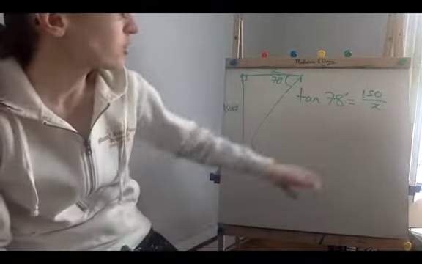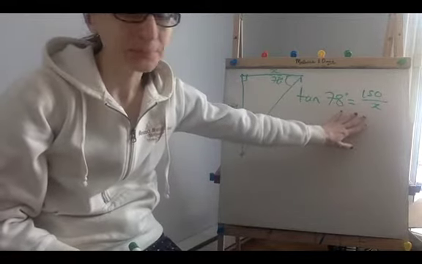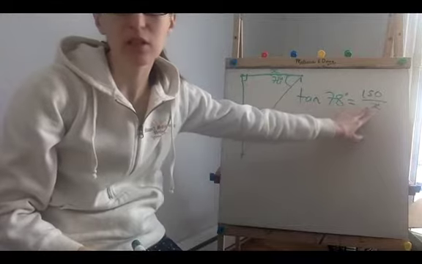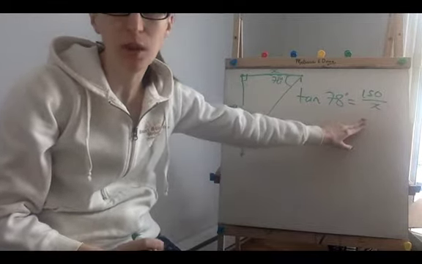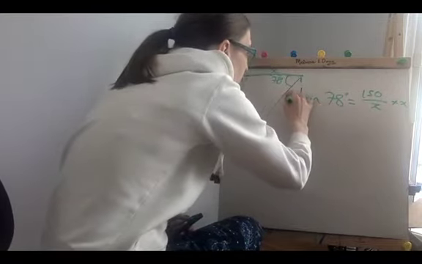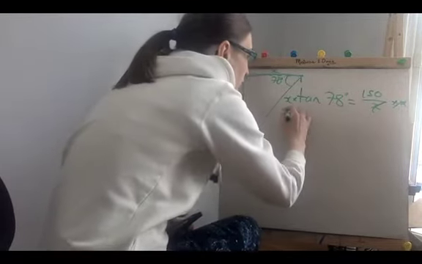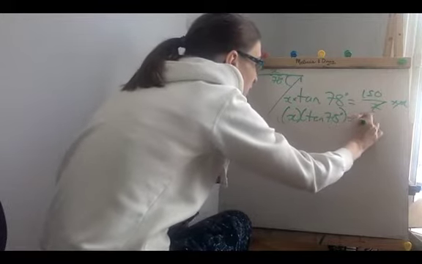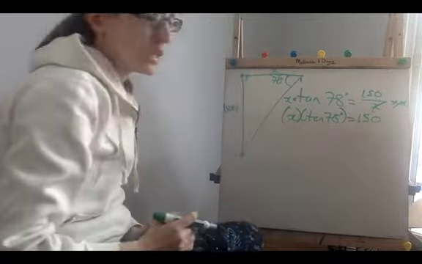When you're solving anything that involves trig ratios like this, if you're using something with a fraction, multiply both sides by the denominator. The denominator here is x, so you multiply both sides by x. That cancels, so that now gives you x times tan of 78 degrees is equal to 150.